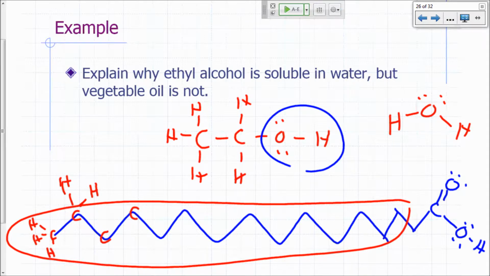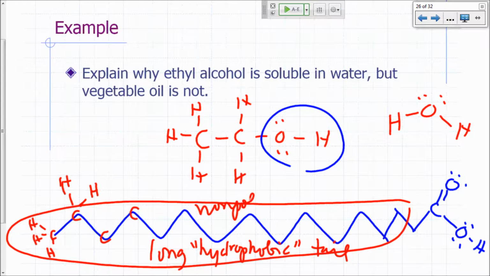So each one of these corners is a carbon atom with hydrogens attached to it. So this is a very long, you might call it a hydrophobic tail of the molecule, which will not interact well with water molecules because these are mostly nonpolar bonds, right? So that's the explanation why oil and water don't mix, because it has to do with the structure of the molecules. They're very dissimilar, very different.